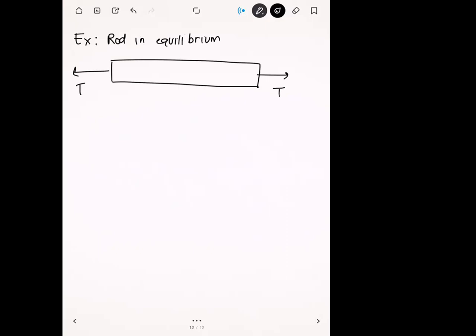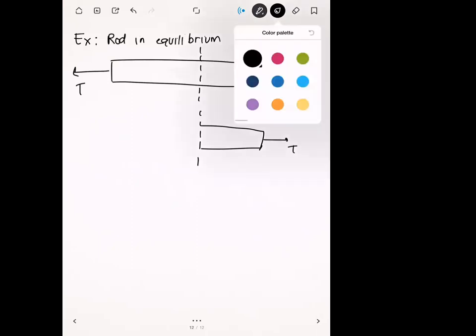And so if this entire rod is in equilibrium, what that means is that if we slice the rod here and take a peek inside, and we took just a slice of the rod just like that, this slice also has to be in equilibrium. So there has to be some kind of internal forces that develop in order to keep this segment in equilibrium, because every segment of this rod has to be in equilibrium.